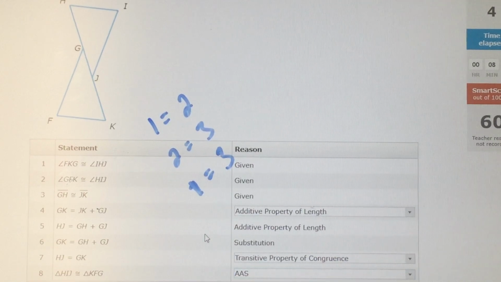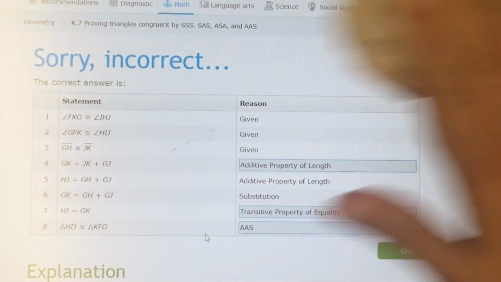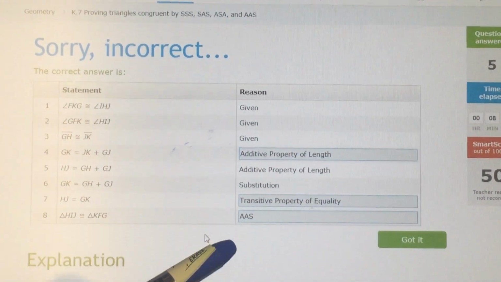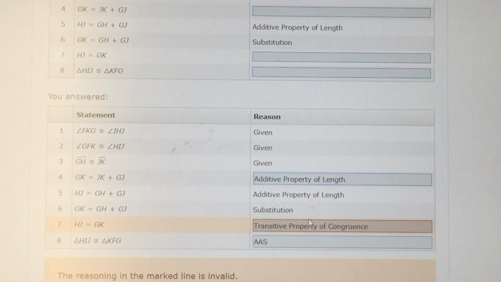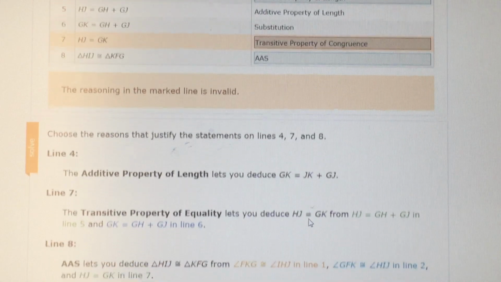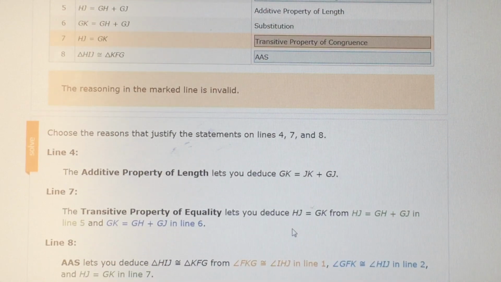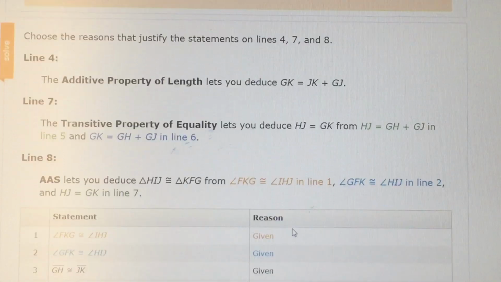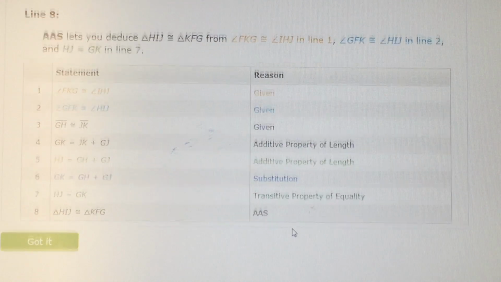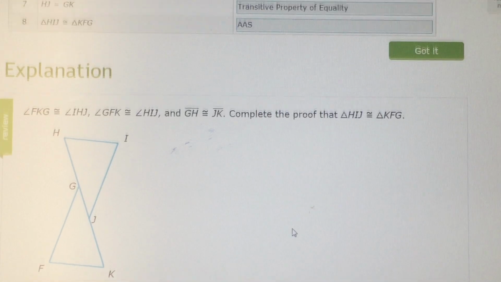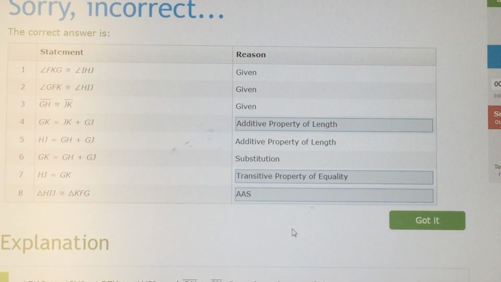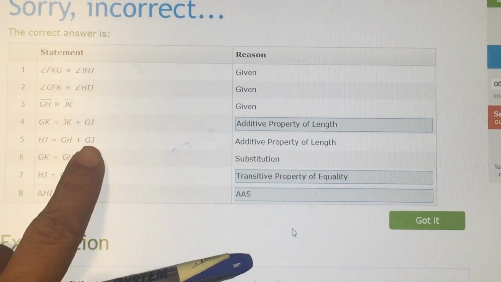Okay. Oh, did I not? Transitive property? I thought I had transitive property. Oh, I hit congruence. My bad. Transitive property of equality, because I'm dealing with addition.